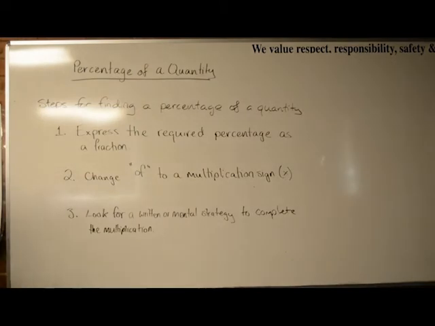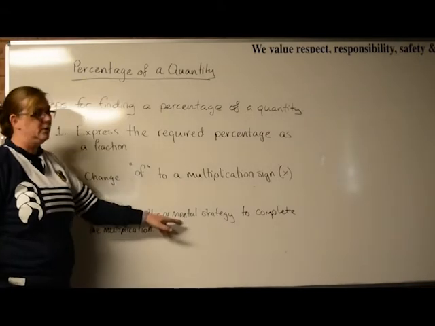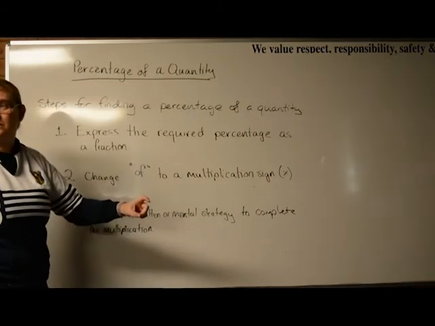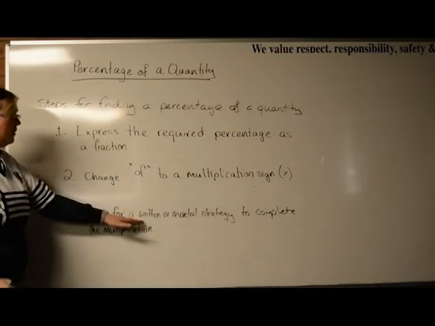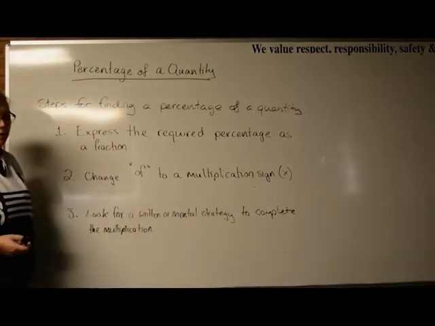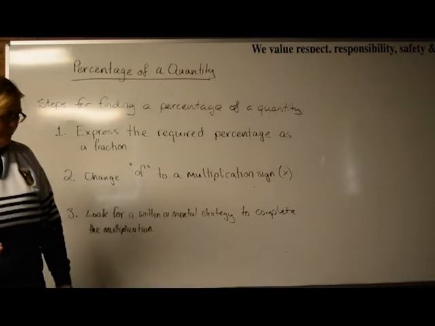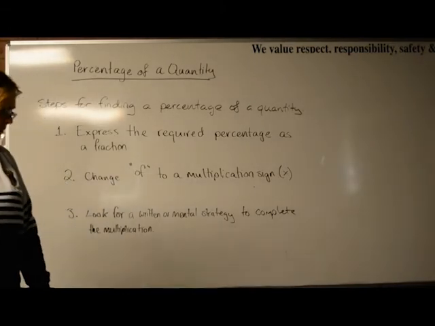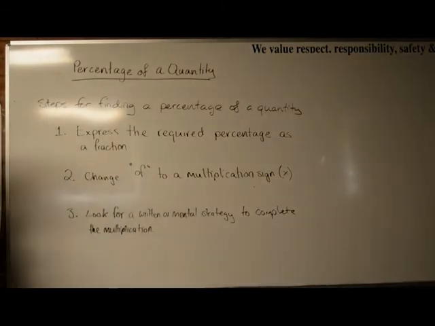No matter what strategy you use, you still have to write it down. So if you used a mental strategy, you still have to write down what you did. A written strategy might be a little bit more explicit. We all good with that?